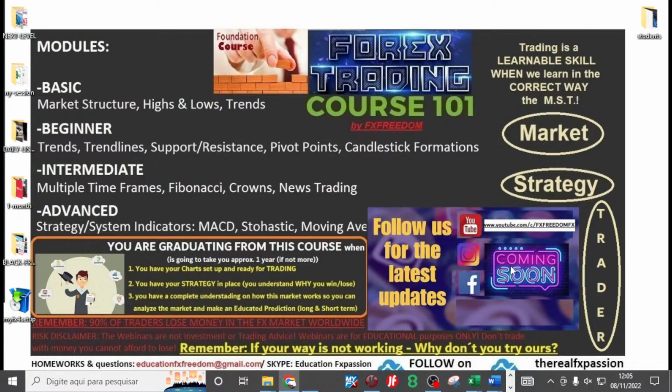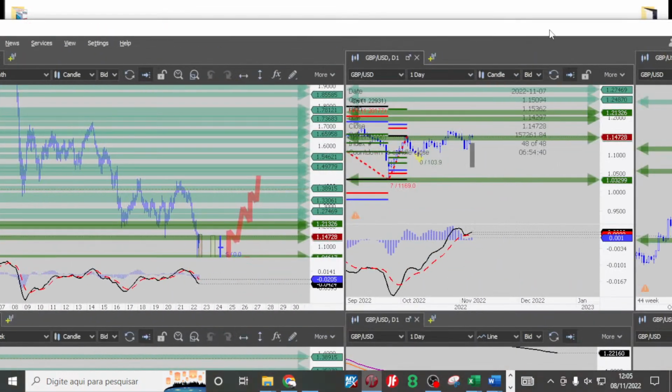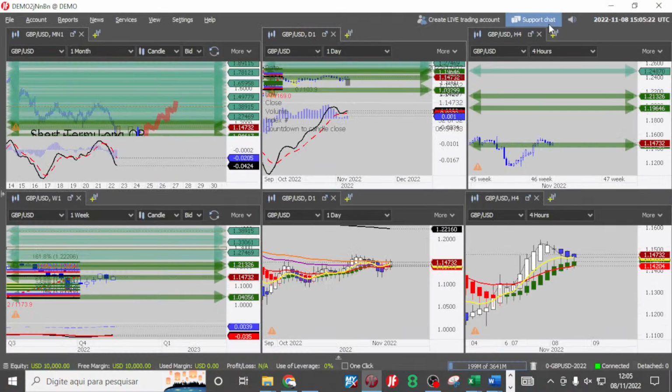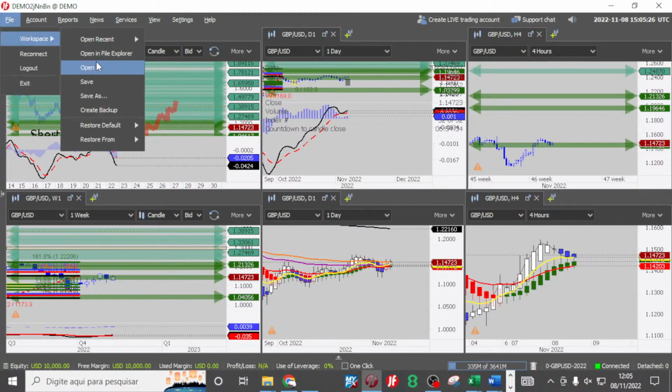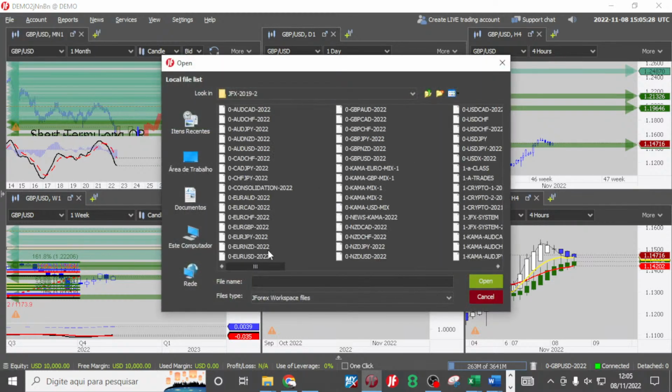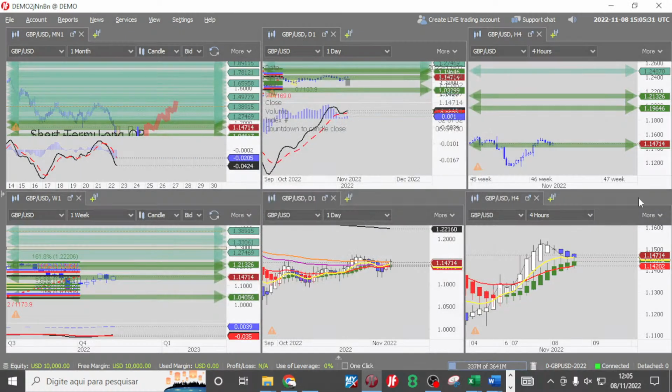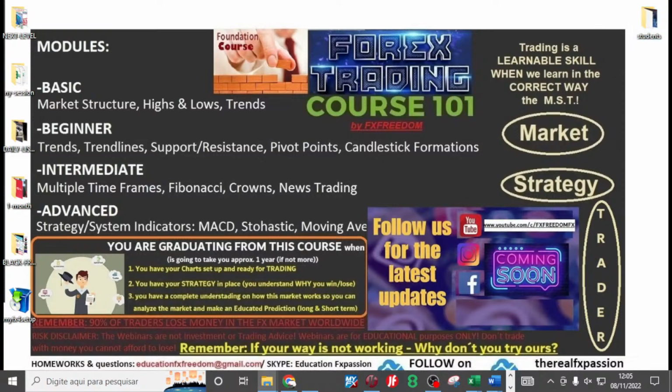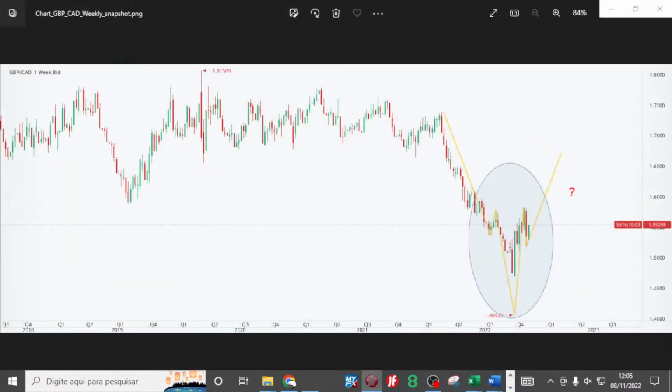So we talked about crowns today, the crown reversal. Let's open, everybody, GBP/CAD, the weekly chart.